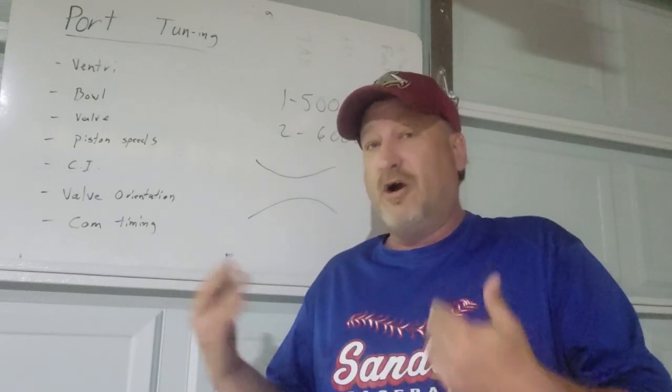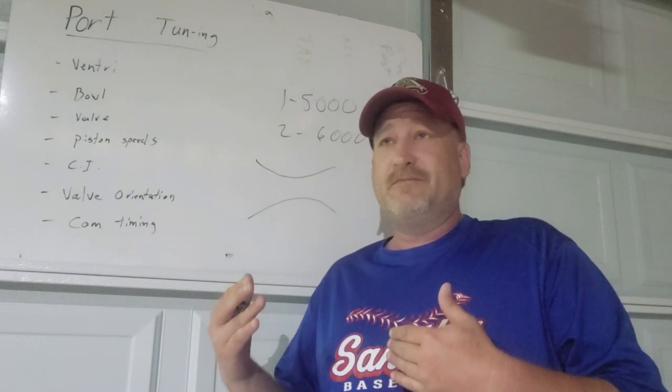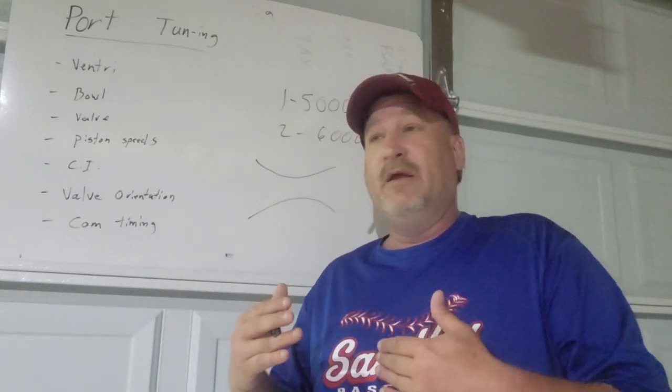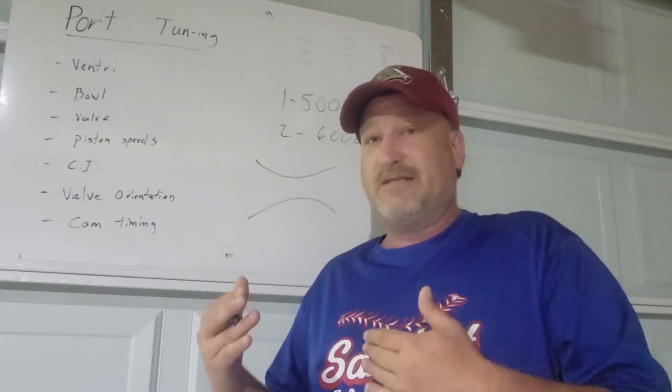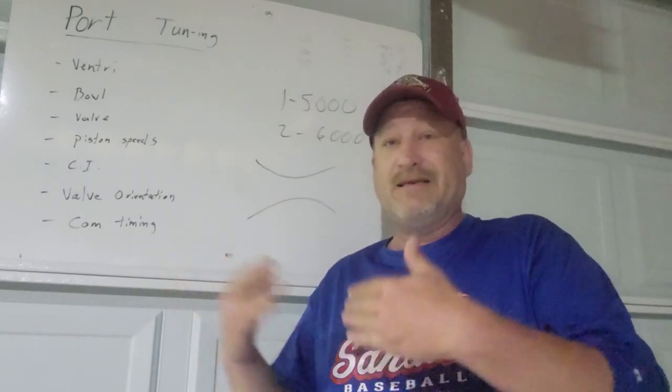So again, with the longer connecting rod, it caused the piston to hang out at top dead center for a longer period of time. In order to speed up the piston, you actually had to go to a shorter stroke. So it was a balancing act between that.